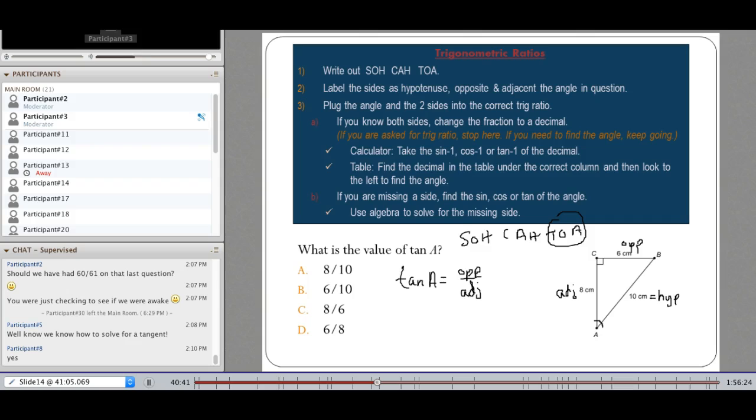Tangent is just the opposite over the adjacent side. Wait for a few more answers. The 7 of you who chose D, you are correct. So it is 6 over 8, right? Opposite over adjacent. So here's angle A. The opposite is 6 over the adjacent, which is 8. So D is the answer there.